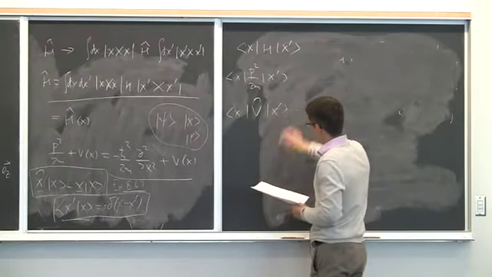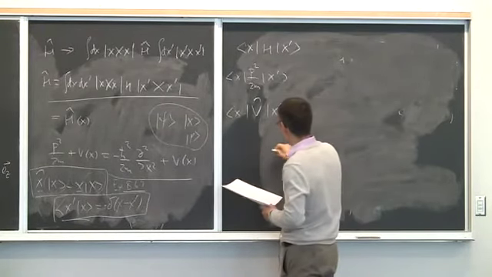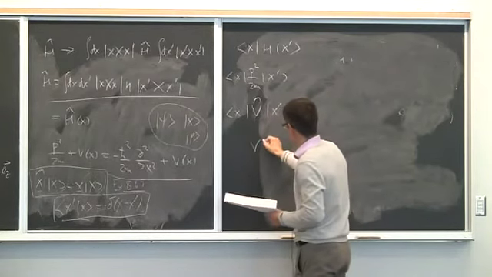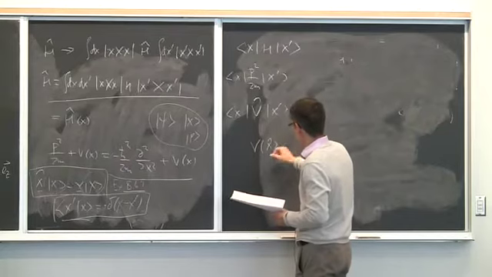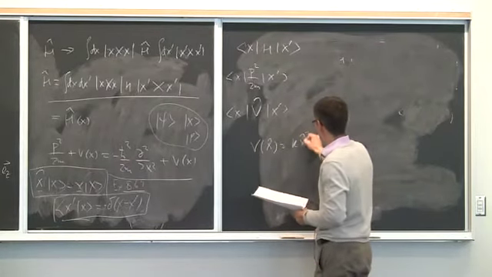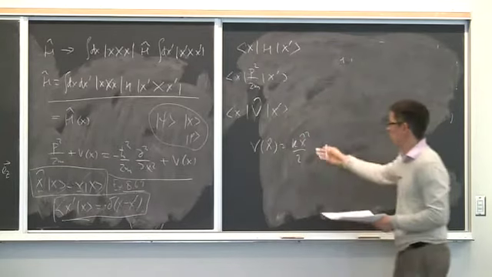This one is relatively simple, because what we know about V as an operator is that it's some kind of function of the x operator. So let's say kx squared, the harmonic oscillator.